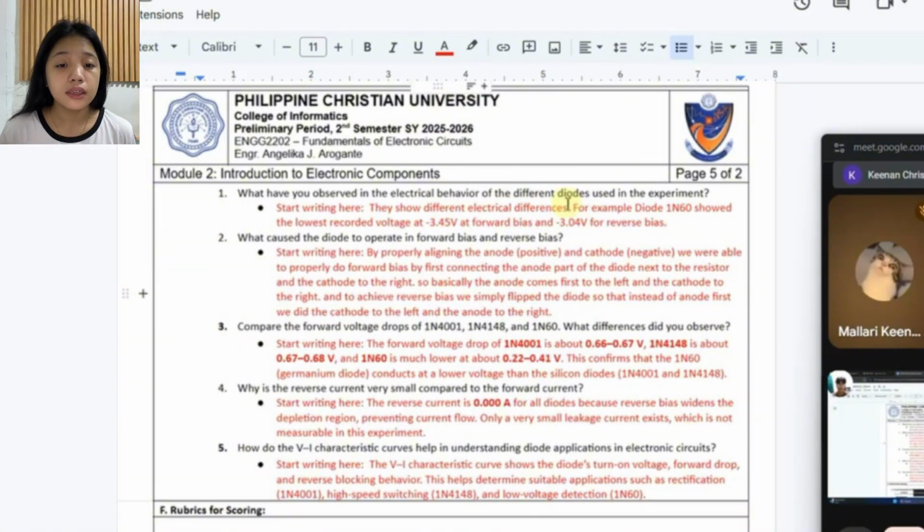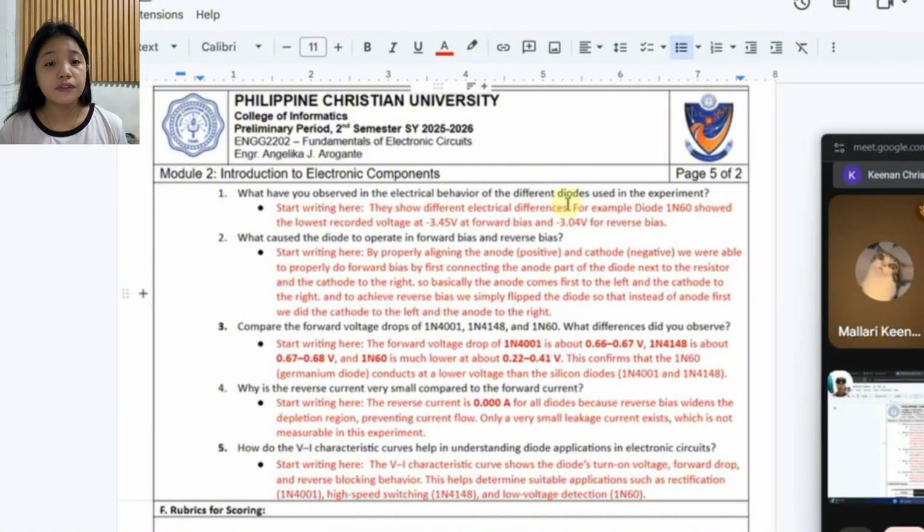The 1N4148 is almost the same, around 0.67 to 0.68 volts. But the 1N60 is much lower, at around 0.22 to 0.41 volts only.